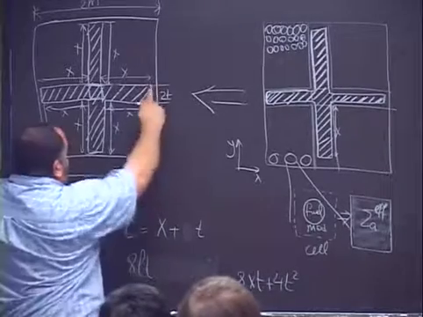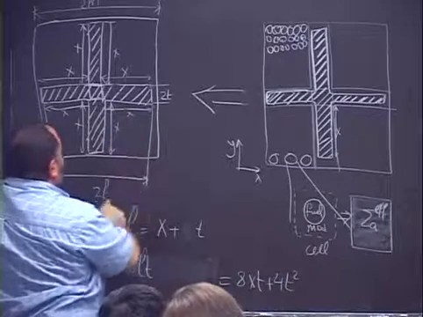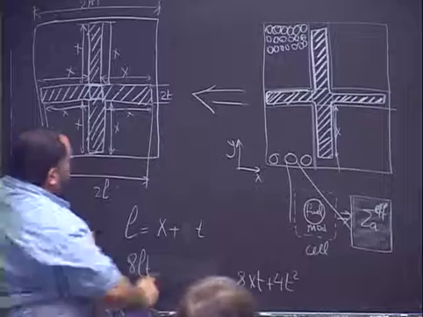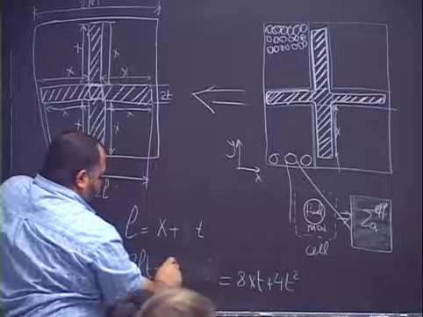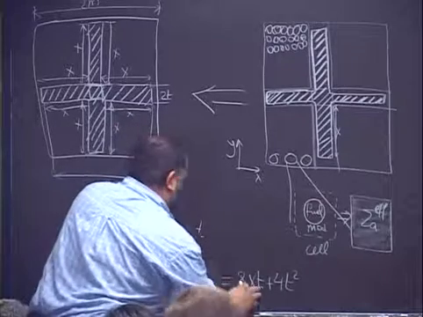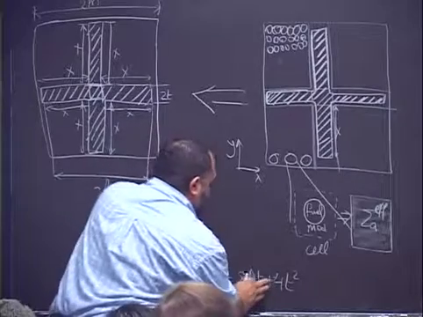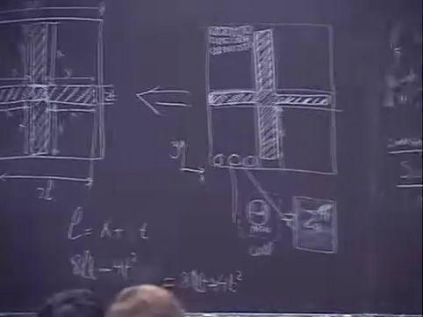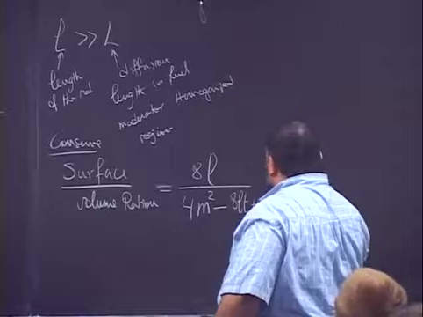No, 2t multiplied by 2L is 4Lt, and I have another 4Lt coming from this, so 8Lt. And I have to subtract this square, which is 4t squared. So this is just the volume here. So I have to subtract from this 8Lt, minus is plus 4t squared.